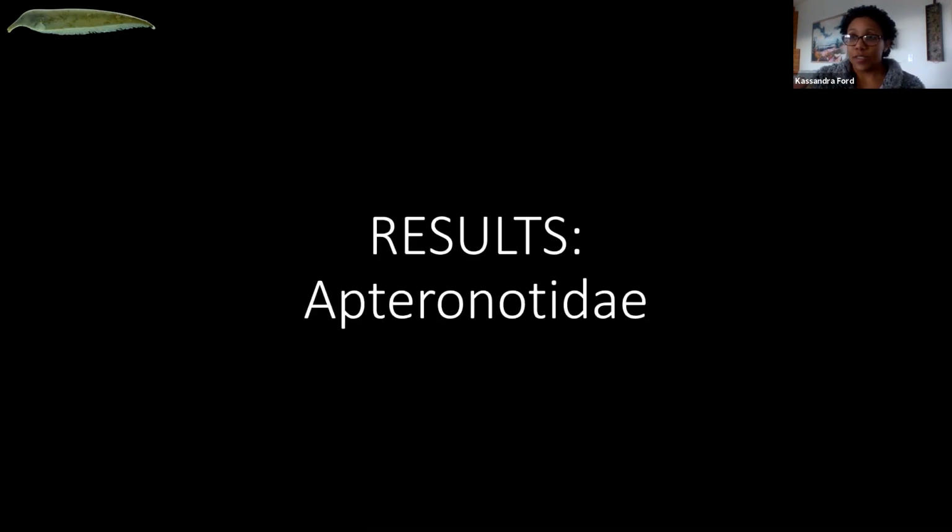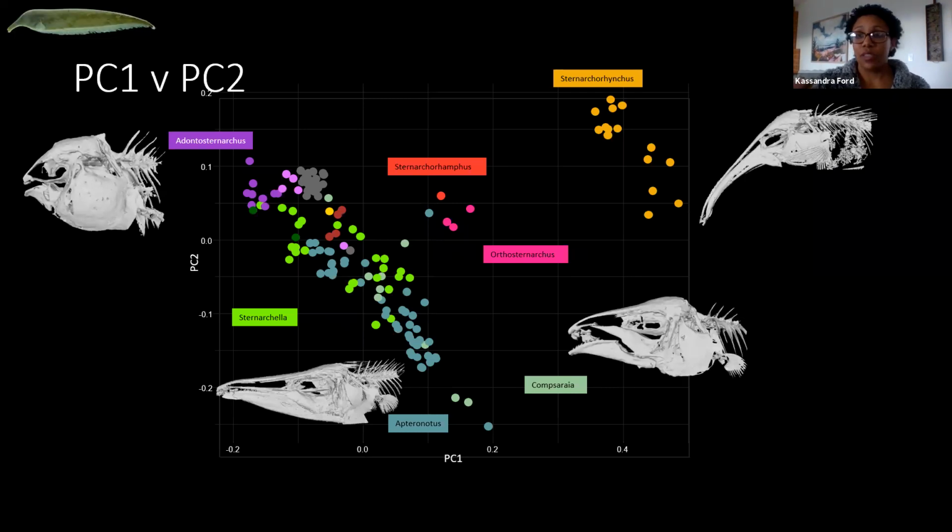When we break it down into analyses just within each of the families, first I'm going to take a look at Apternotidae. And I again did a principal components analysis, and we can see some of the extreme phenotypes along this particular graph in this figure here. On the left-hand side, again, we have the very short-snouted species. An example would be Odontosternarchus or Portergus.